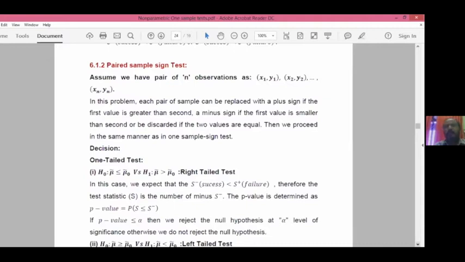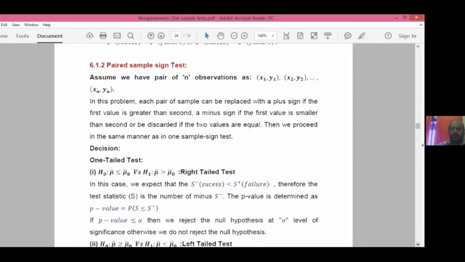So for each pair we assign the sign based on that, and if the values are the same, we discard that particular pair.